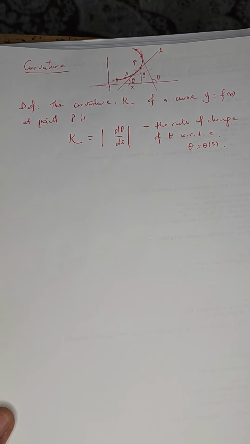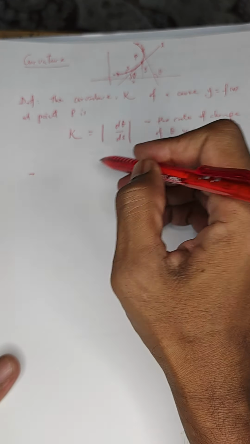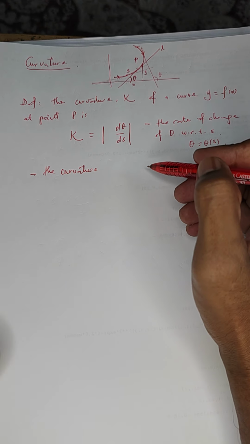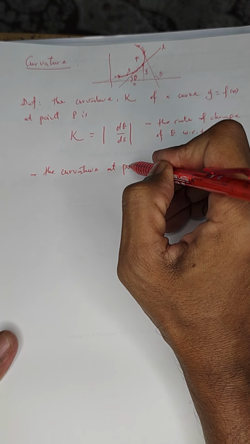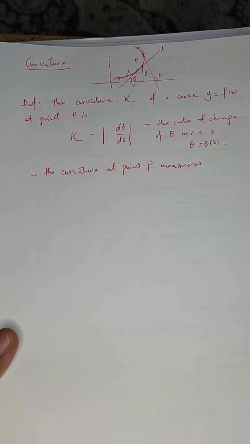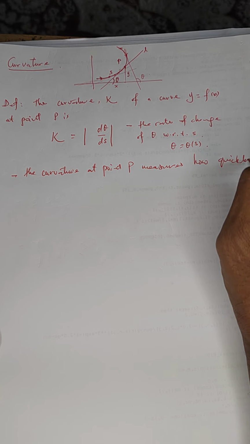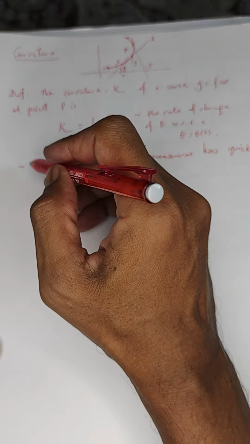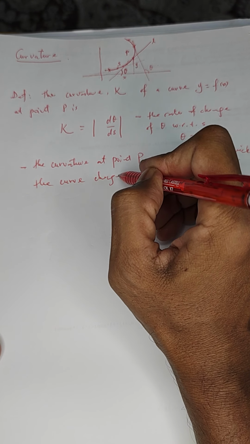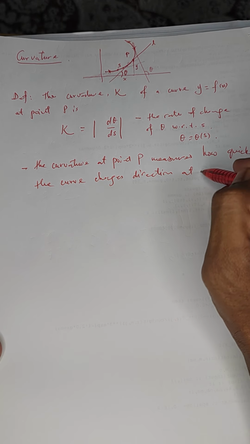Okay, so what does it measure actually? The curvature at point P measures how quickly the curve changes direction at that point.